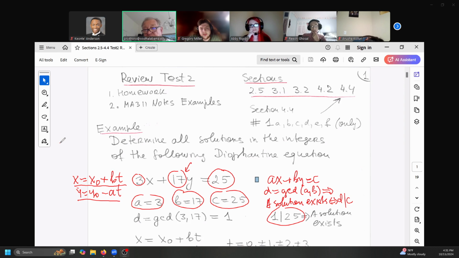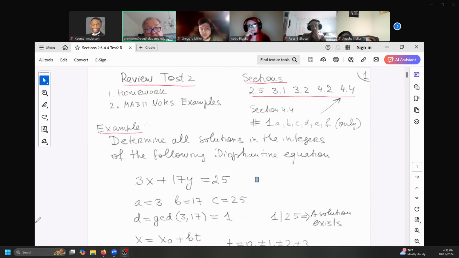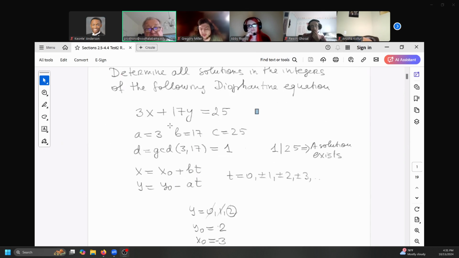To find these particular solutions, we need to rewrite our equation. Write it, and then I'll move to the next page. So we'll take this equation, 3x plus 17y equals 25, and take one of the terms on the left-hand side and move it to the right-hand side.